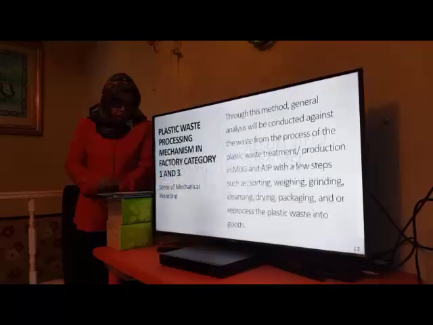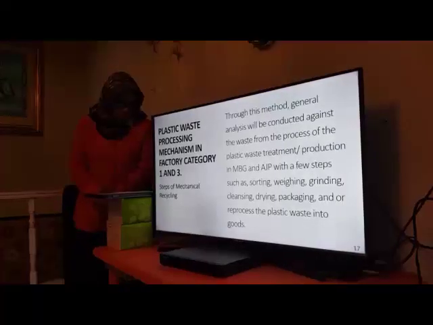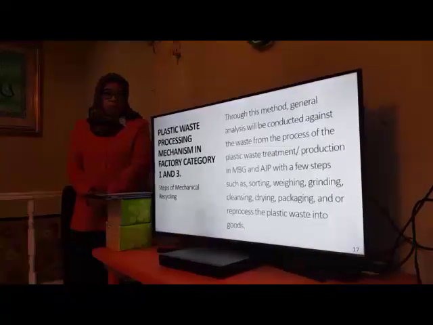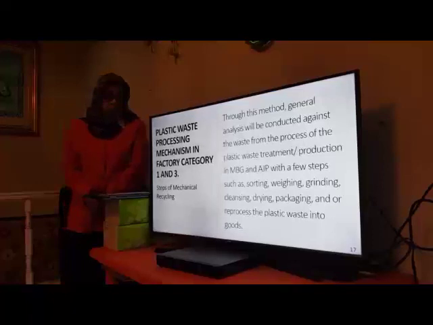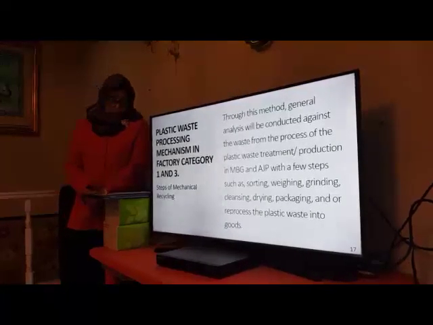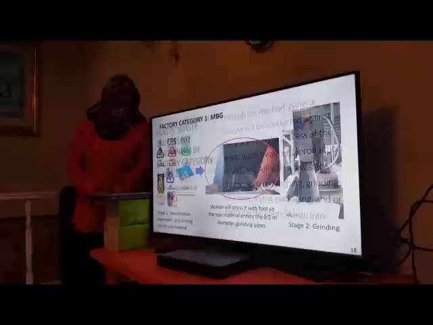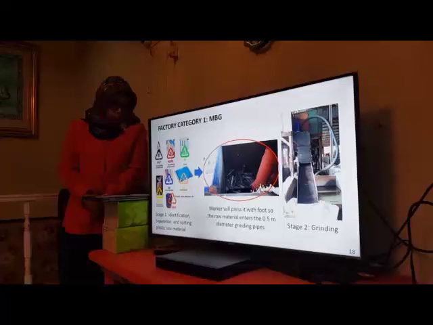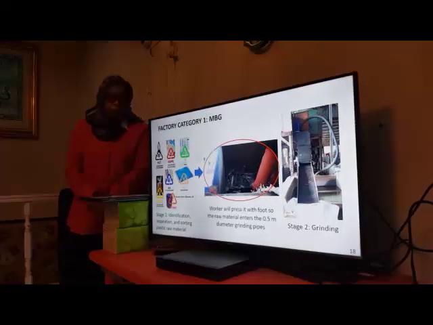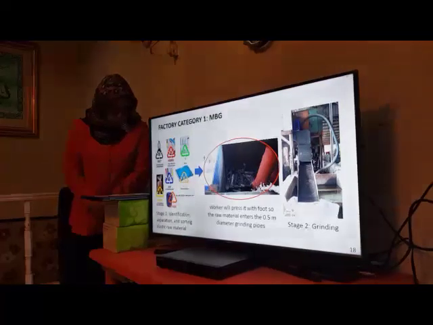Results and discussion. We have explanations of both category 1 and category 3. Category 1 is for MBG and category 3 is for AGB, sorry. For category 1, the MBG, the raw materials are polyethylene and polypropylene.